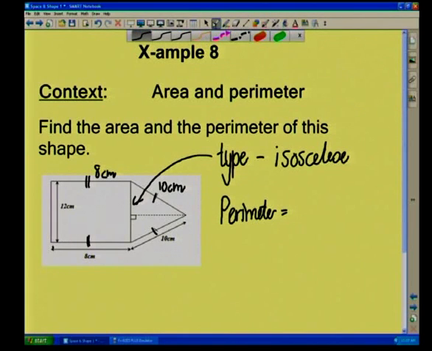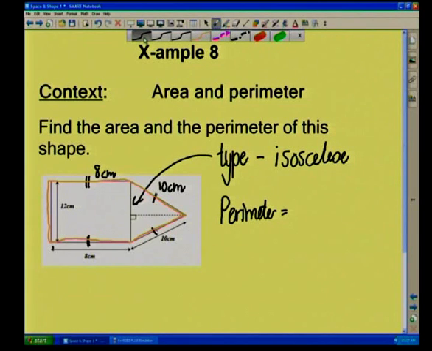I'm going to highlight where we actually are going to be measuring. We're going to be measuring along the outside here, up, across, and around. Please note that we do not find the middle line in the middle there.